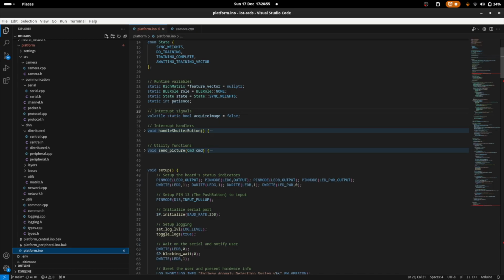This is the part of the code that constitutes the platform. That is the base software layer that manages our Arduino devices, and on top of which we build the more complex functionality of our project, such as, for example, distributed learning, image acquisition, and embedding. The platform has a few key roles in our project.